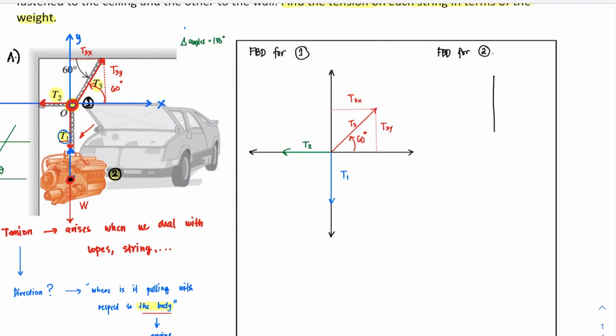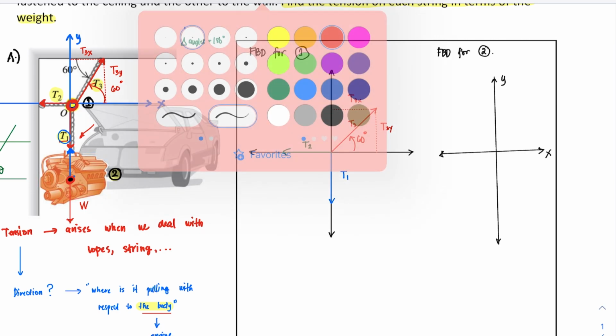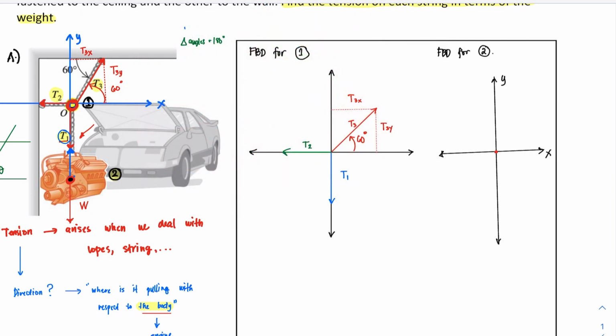I'm going to draw my Cartesian plane. This is quite simple because there are clearly no forces on the x-axis for mass 2 or for body 2. So this is my x and this is my y. Now the first force that I'm going to illustrate is with red, the force due to the weight of the engine, W, right? So that one is this portion over here.